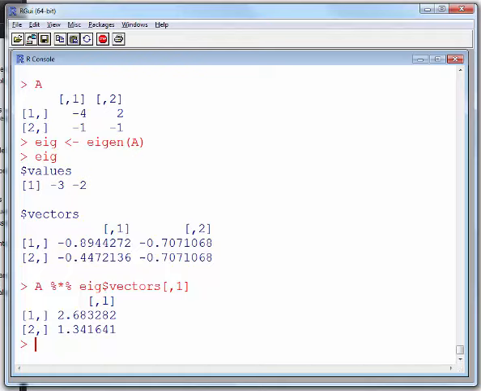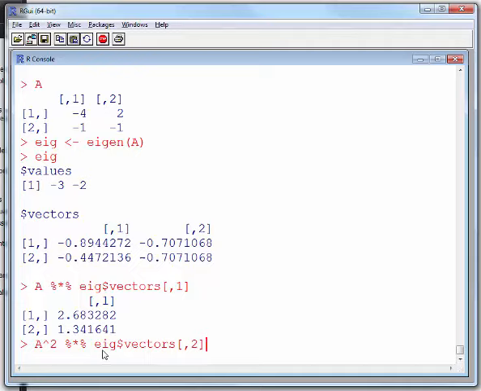Now remember, for that other eigenvector, our first eigenvalue that we found was -2. For that one we said we should be able to hit this corresponding eigenvector 2 times, and it'll swing it back around and effectively multiply it by a factor of 4. So I should be able to see that if I take A squared and then multiply by eigenvectors, second column.